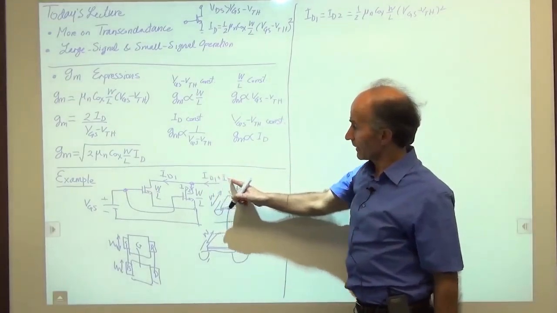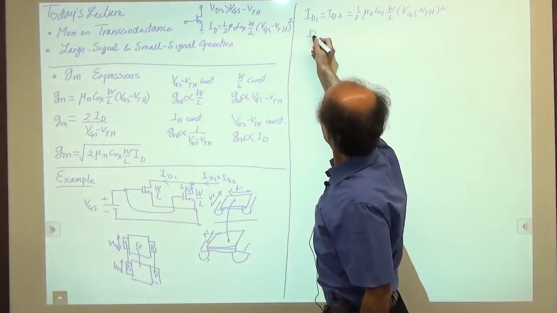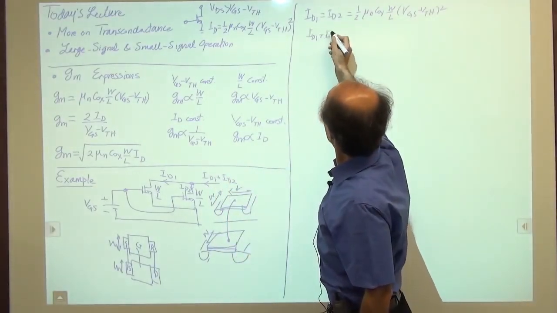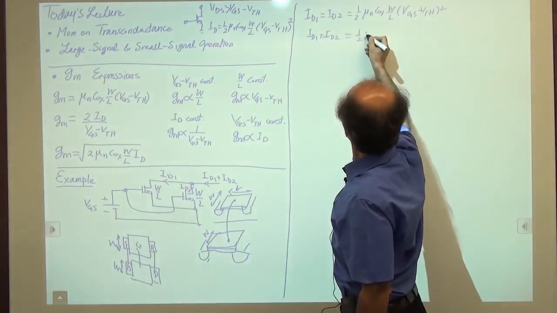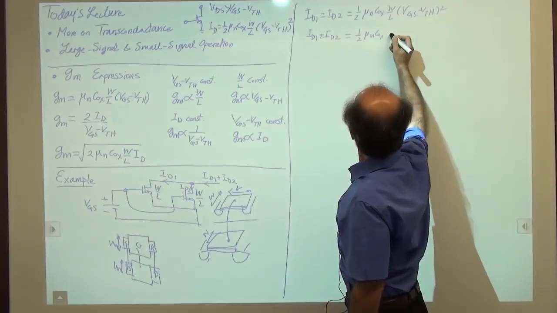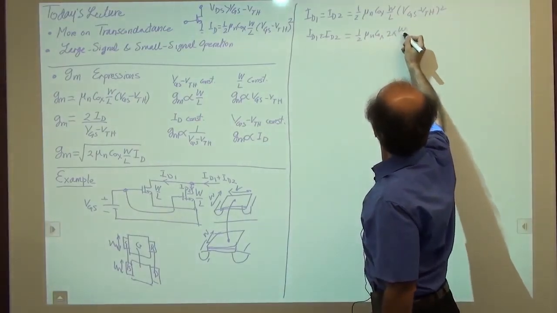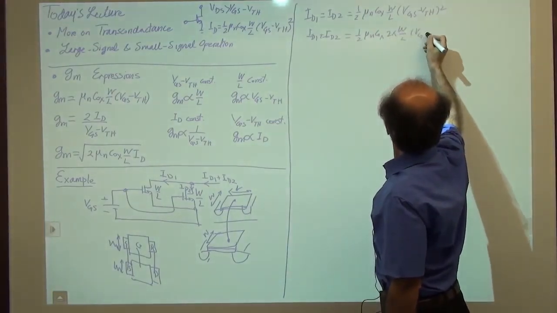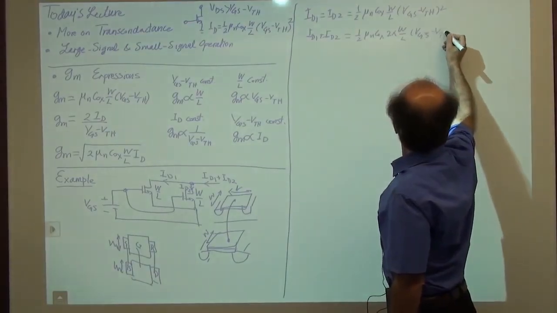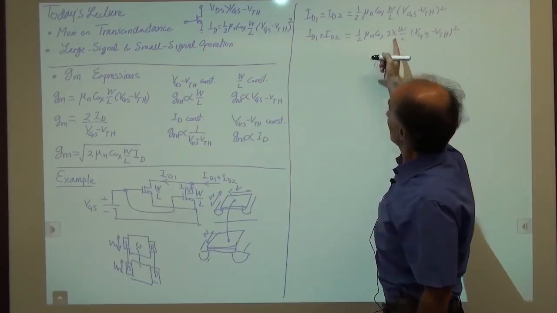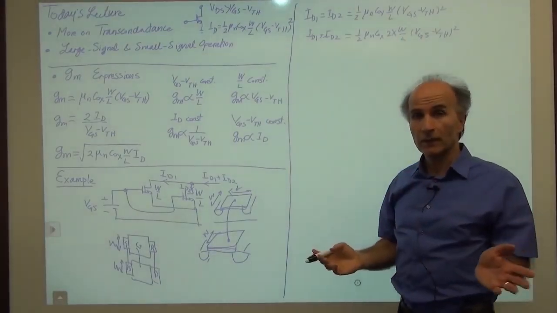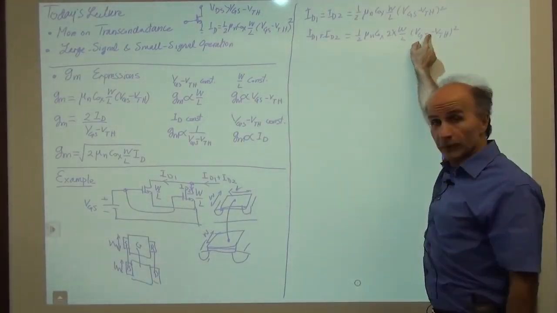So that means that the sum ID1 plus ID2 is just two of these, right? So it's equal to 1/2 mu n C ox 2 times W over L VGS minus VTH squared. You realize that this 2 has to go here. It has nowhere else to go. It cannot go to this voltage.